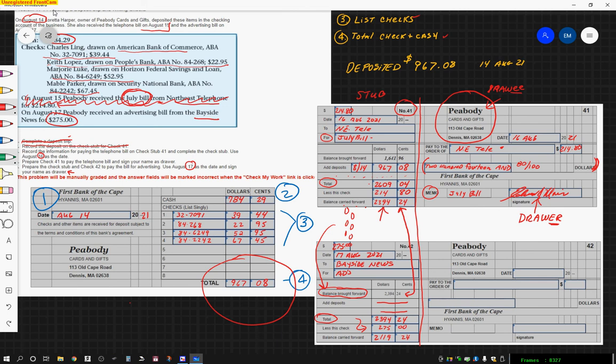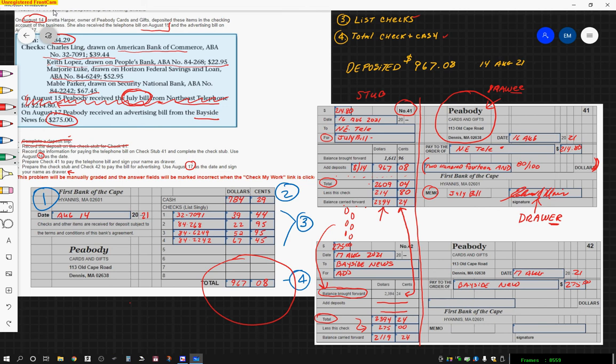Now we go over and do the actual check itself. So 17 August 21. Who is it being written to? The payee we have is Bayside News. How much was it for? $275. Time to write it out.